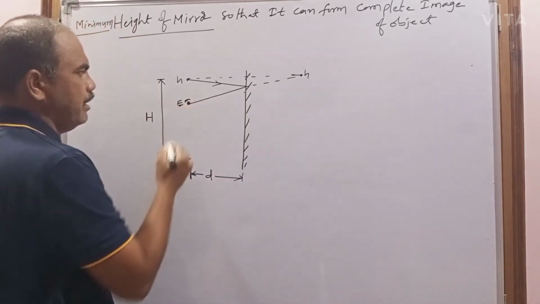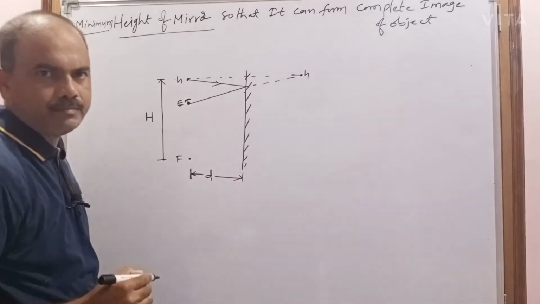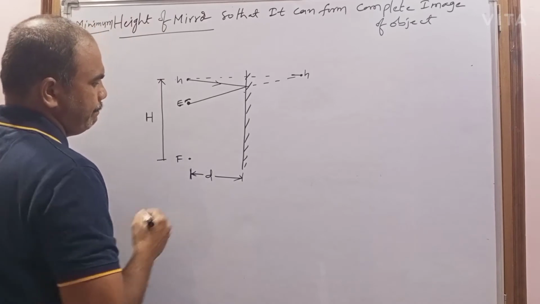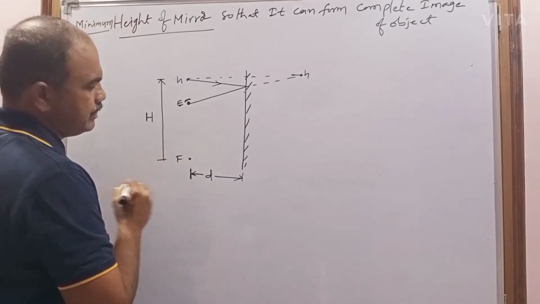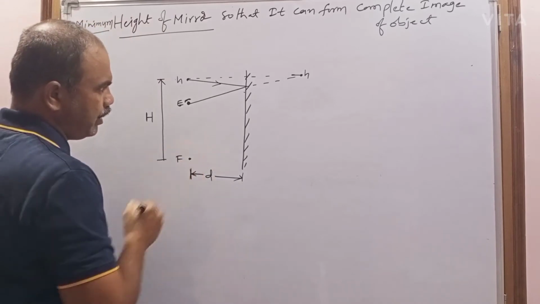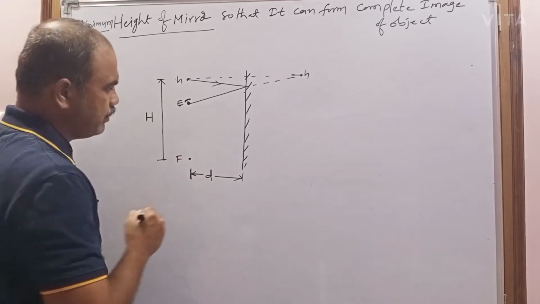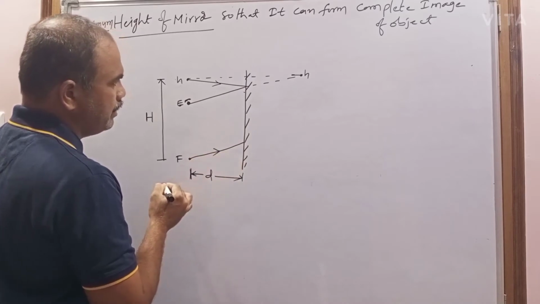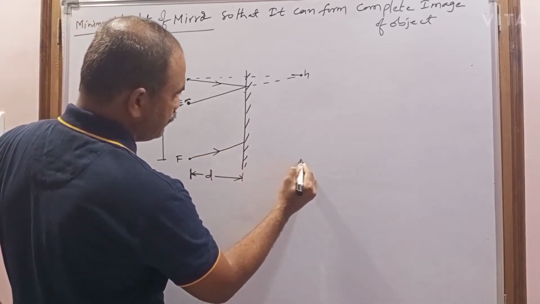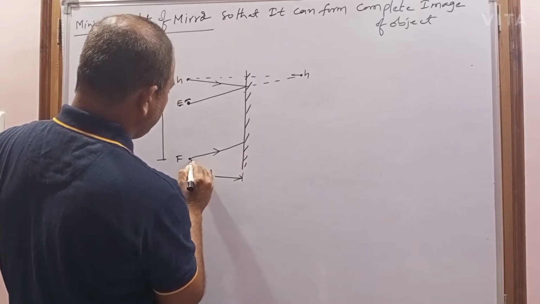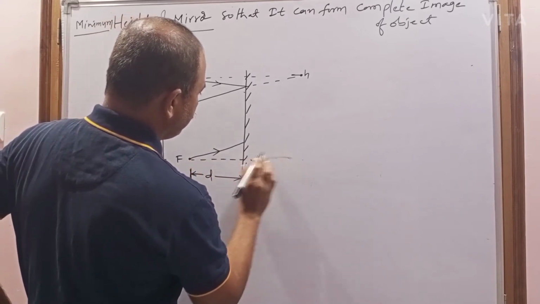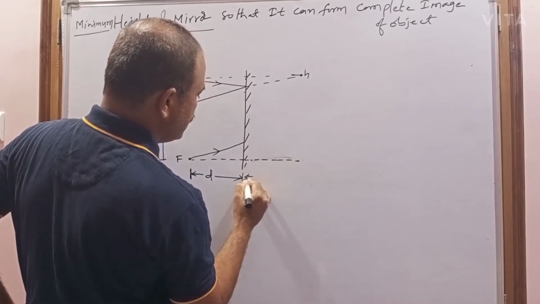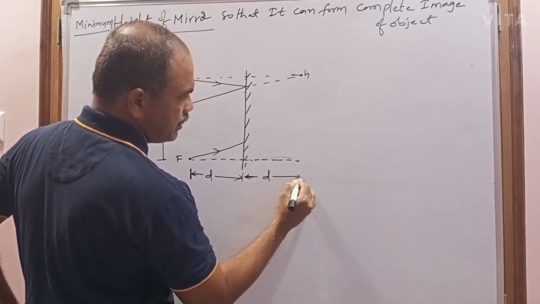The eye will be considered as eye, E. In the same way, when the incident ray coming from the bottom or foot of the person is incident on the mirror, after reflection it appears to be coming from here. Now consider this is the same height, sorry, same height and same distance. What is the image distance inside the mirror?